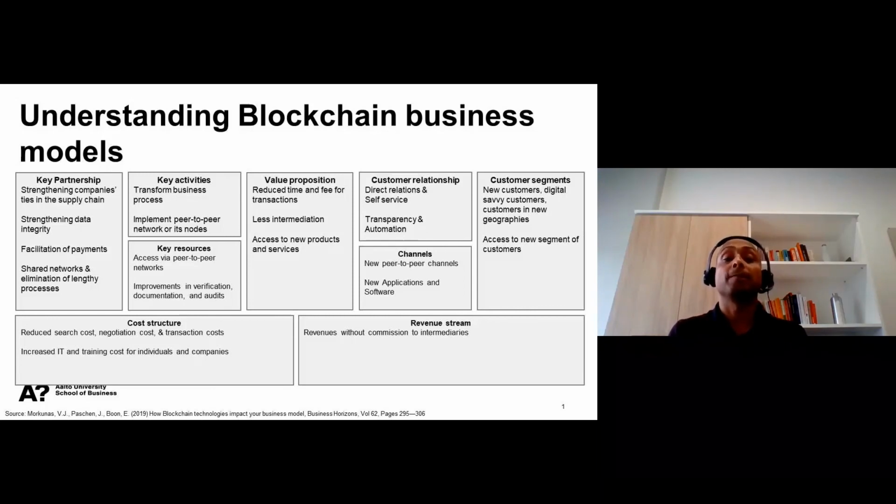In terms of the final element, revenue streams, it could be argued that blockchain technologies will allow disintermediation and thus will allow companies to directly access customers. The direct access to customers would enhance the revenue of the firms, as they will get rid of intermediaries and the commissions charged by such intermediaries.